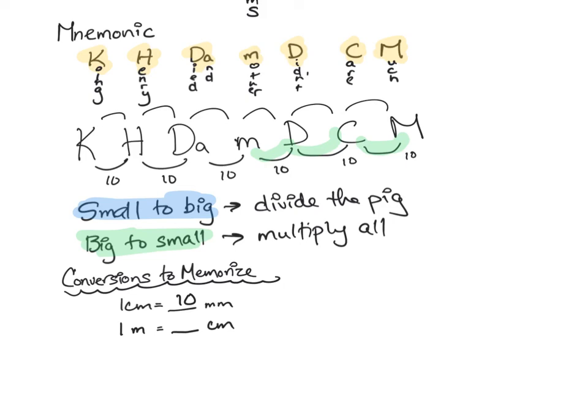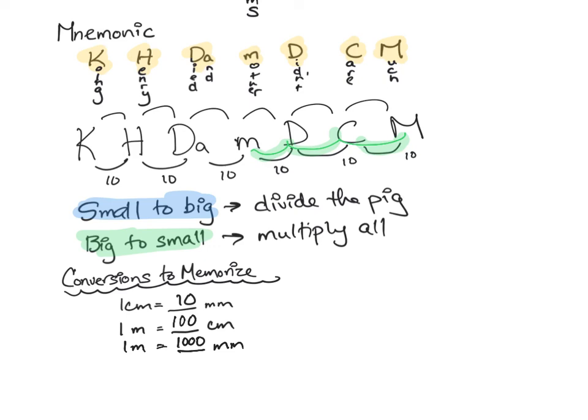So your number then is going to be times 10 times 10, so times 100, for a total of 100 centimeters. 1 meter is how many millimeters? Well, here you're doing all 3 jumps. 1, 2, 3. 10 times 10 is 100, times 10 is 1,000, and therefore you have 1,000 millimeters in a meter.